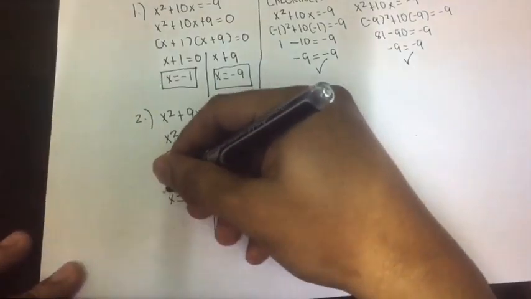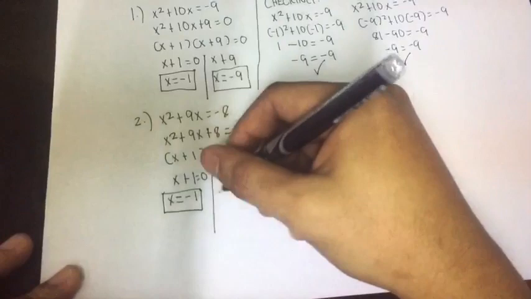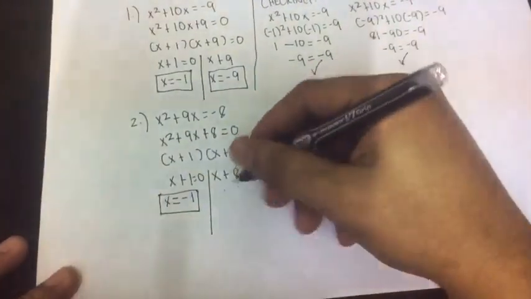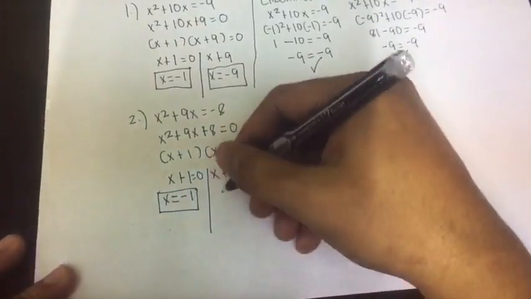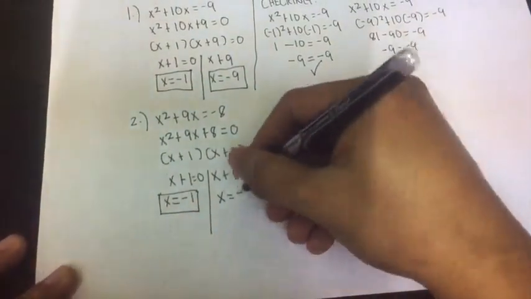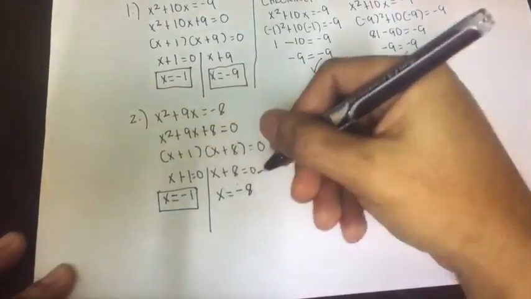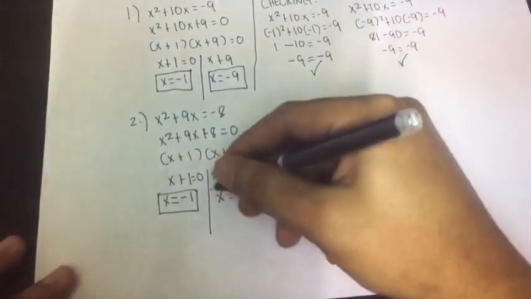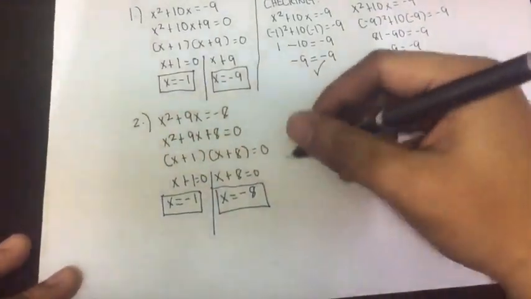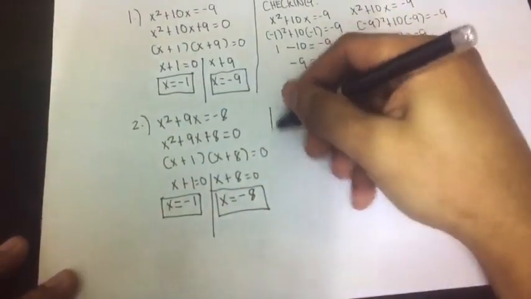The correct answer, negative 1. On the other side, the same will be done. Transpose the 8 to the other side. Final answer. To be sure, we can proceed by checking.